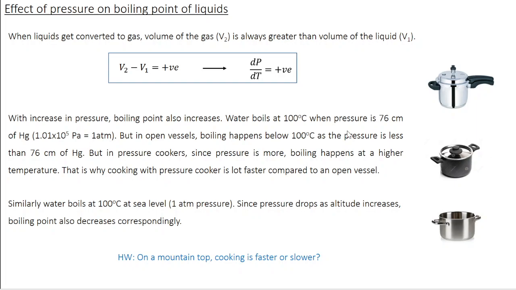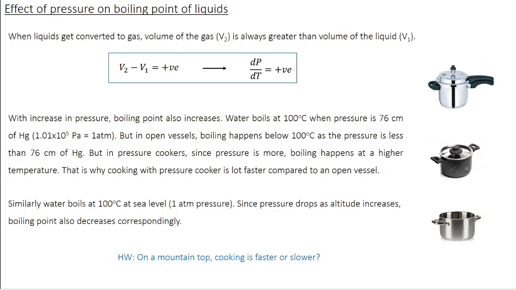So water boils at 100 degrees Celsius at 1 atm pressure. But in open vessels, when you cook, the pressure is less than 76 centimeter of Hg, which means the boiling happens below 100 degrees Celsius. So typically in open vessels, boiling happens at around 80 degrees Celsius.